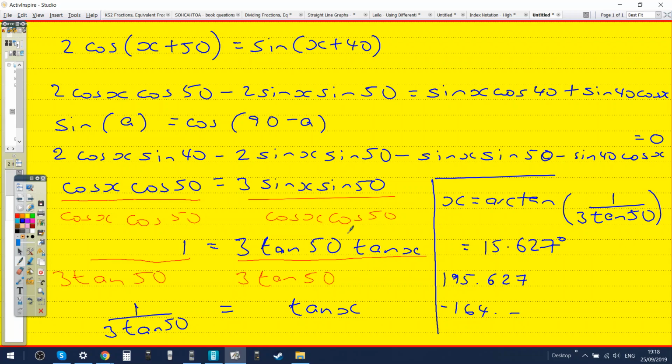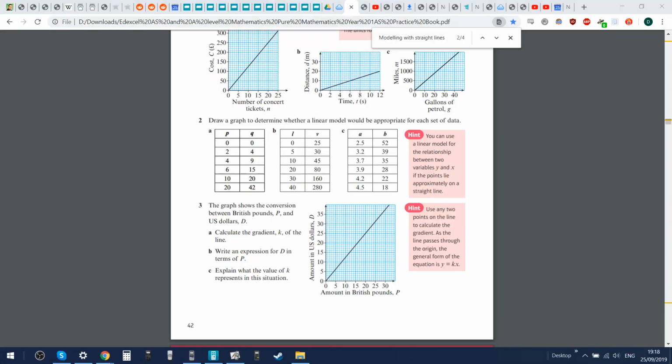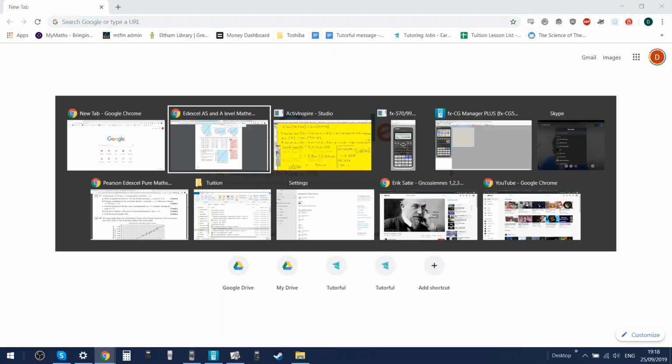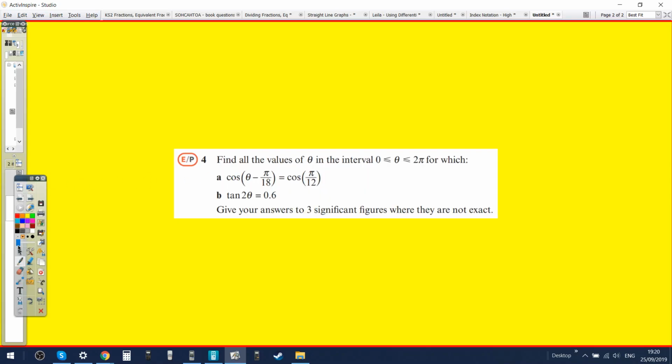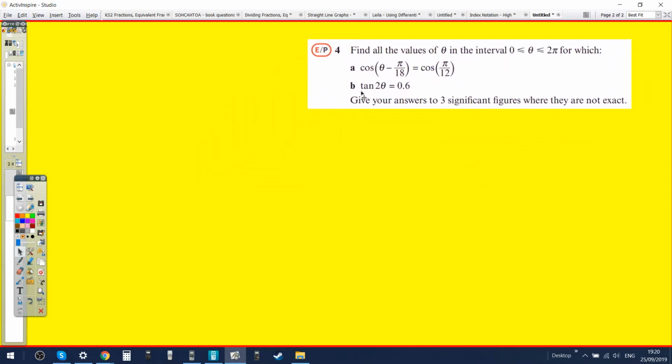So okay, so you wanted compound angle formula and stuff? Yeah. So yeah.